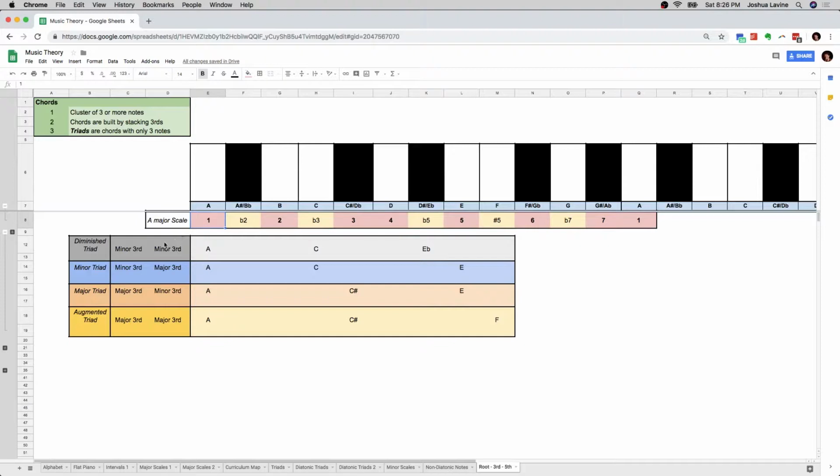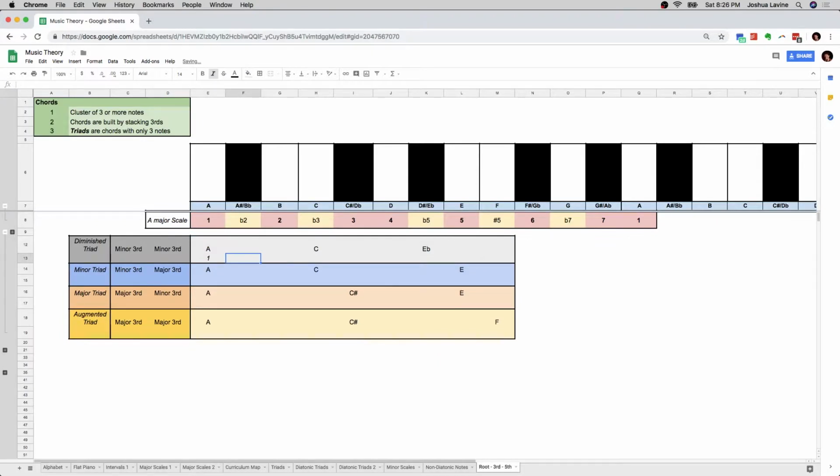And so let's look at the diminished triad. In the diminished triad, the first note is the 1 of the scale. This note is the flat 3 of the scale. And here we have the flat 5. All right. Minor triad.